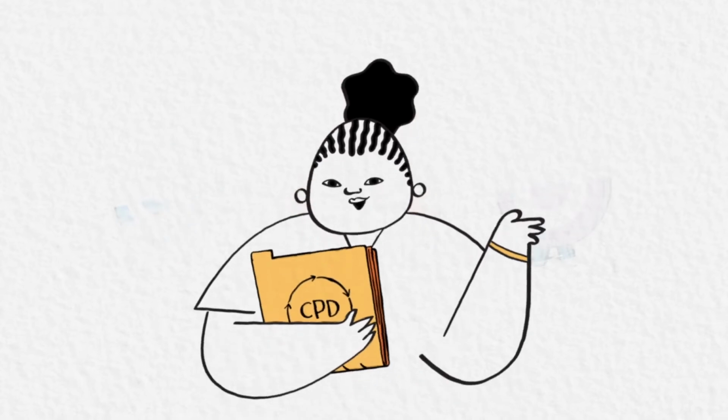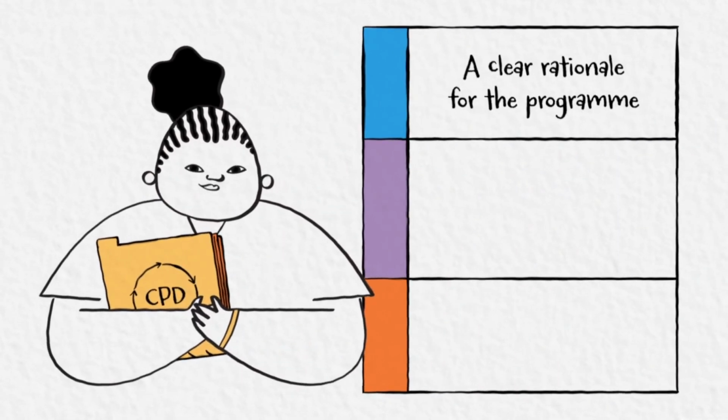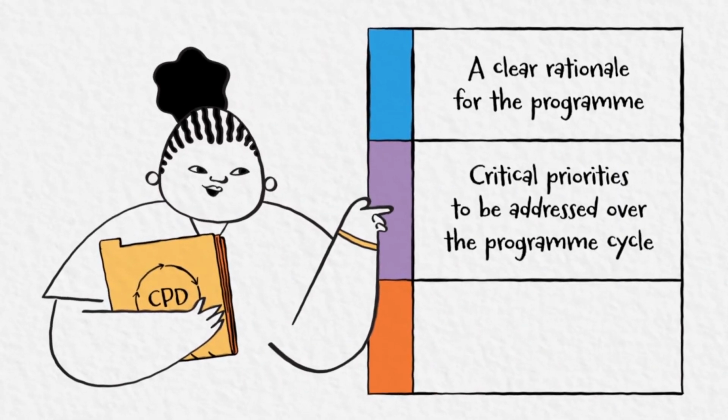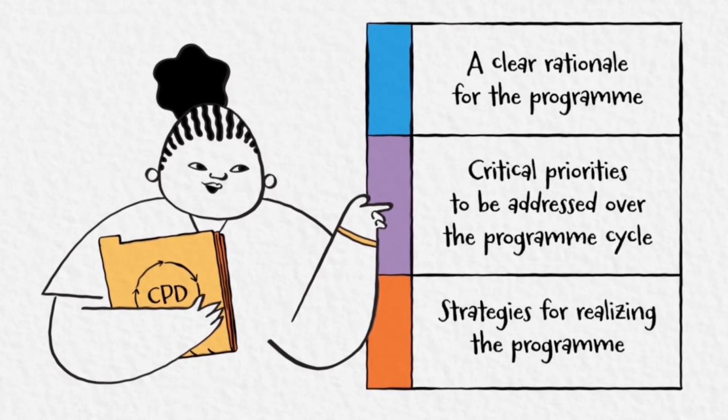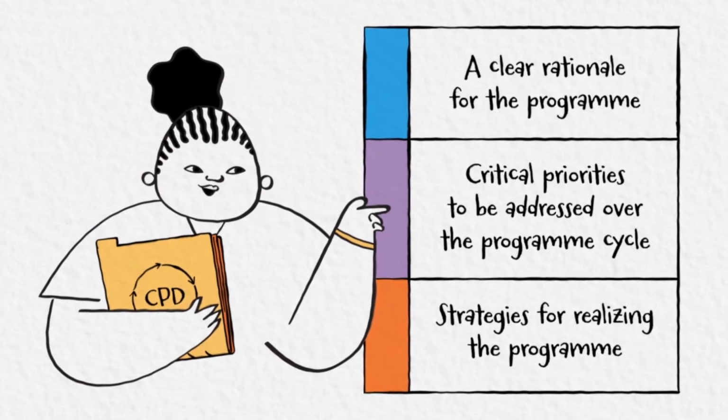The CPD must show A, a clear rationale for the program, B, the critical priorities to be addressed over the program cycle, and C, strategies for realizing the program.